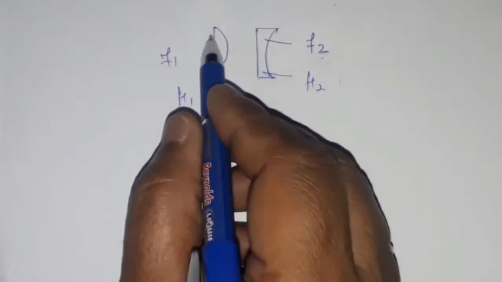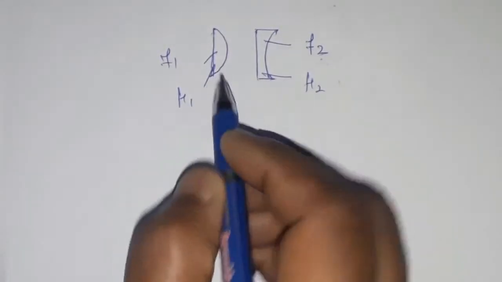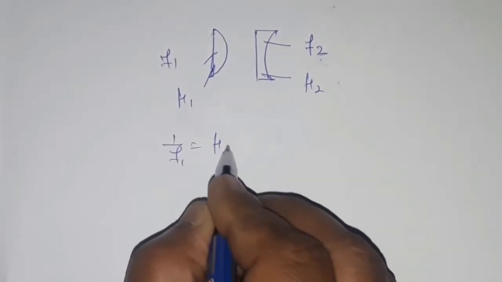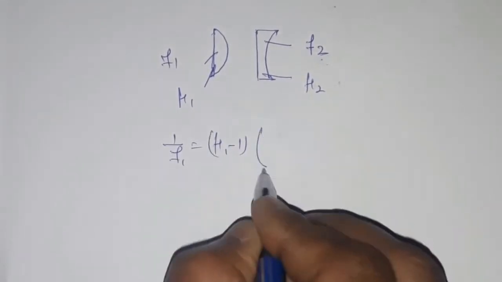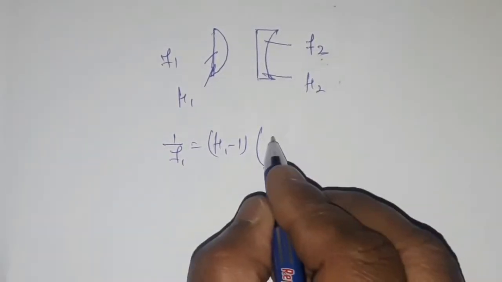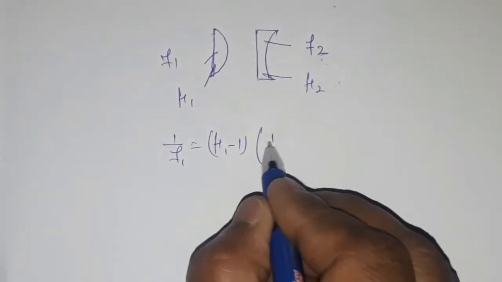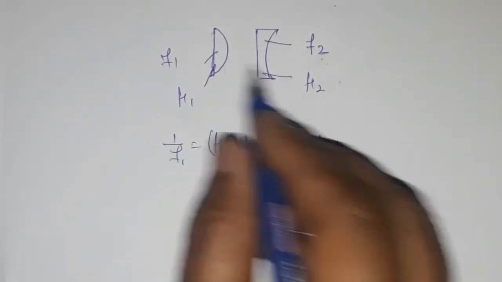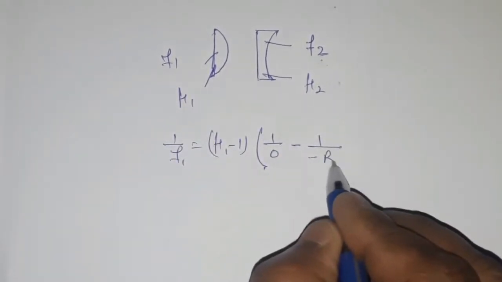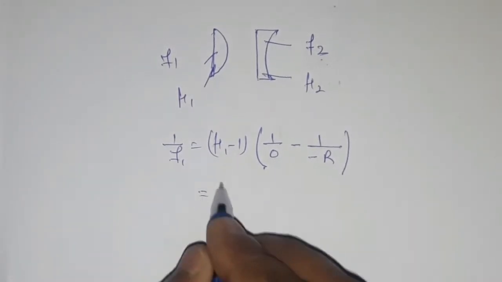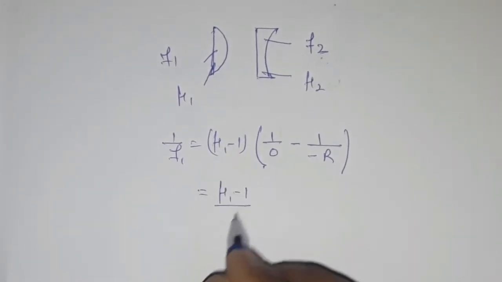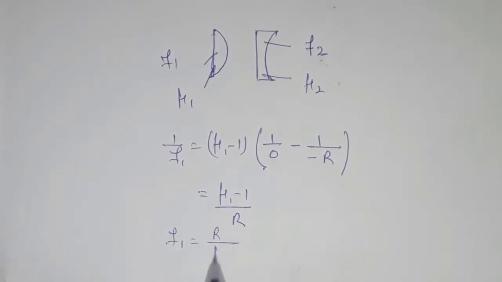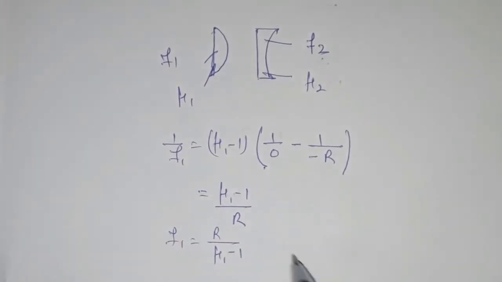For here, we can find 1 by f1 is equal to mu1 minus 1 into 1 by r1, r1 is infinity, minus, this is minus r. So mu1 minus 1 upon r, that is f1 is equal to r upon mu1 minus 1.